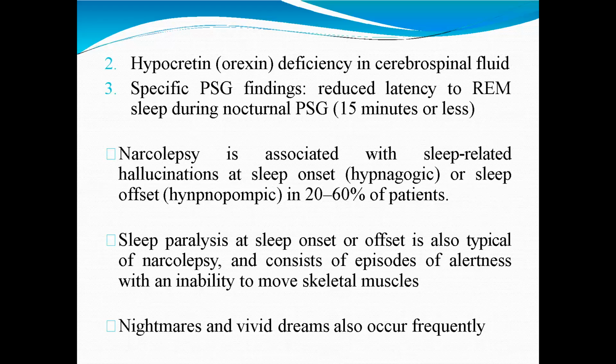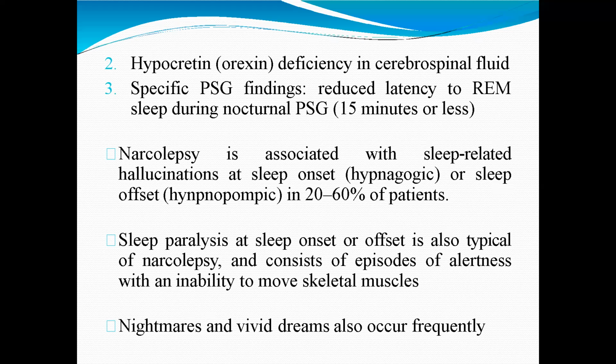As I told, a good sleep means more time spent in REM, and then the better the quality of sleep. But here the REM time spent is very less, 15 minutes or less. So because of that, narcolepsy can occur. At night you will not get good sleep, so that will be compensated in the daytime.